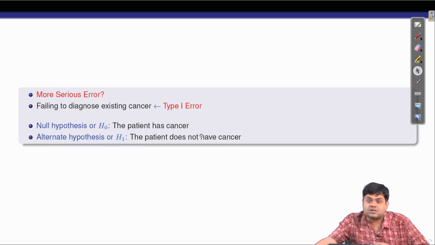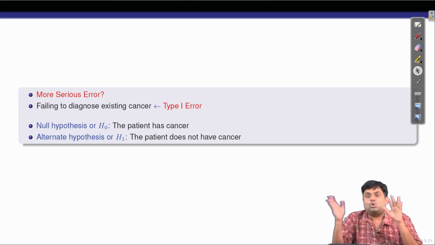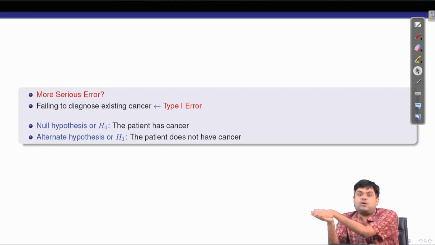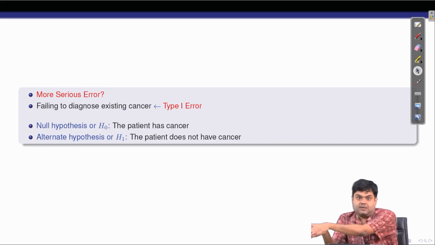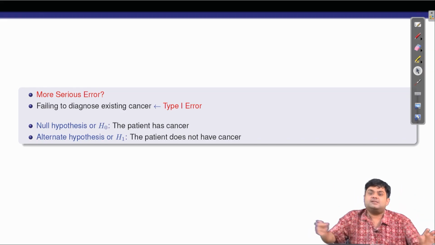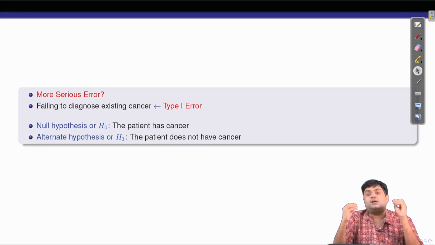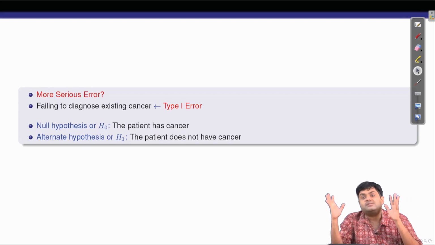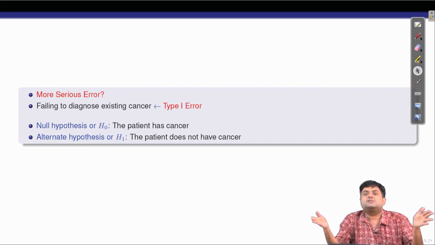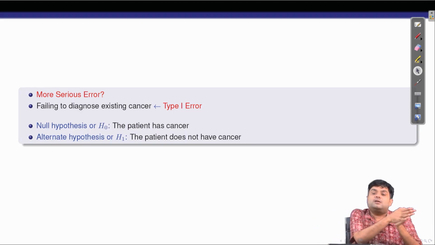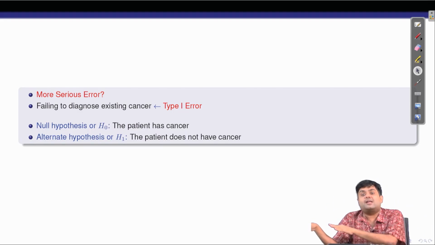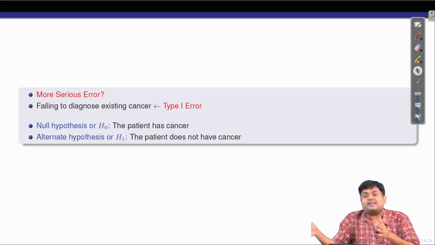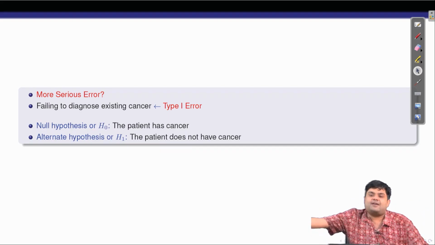So our conventional wisdom in this case, the direction where we would like to play safe, is to assume the patient has cancer and do further tests, because the error of wrongly rejecting this is far more serious than the other error, namely detecting the cancer wrongly, because that will anyway have further buffers.